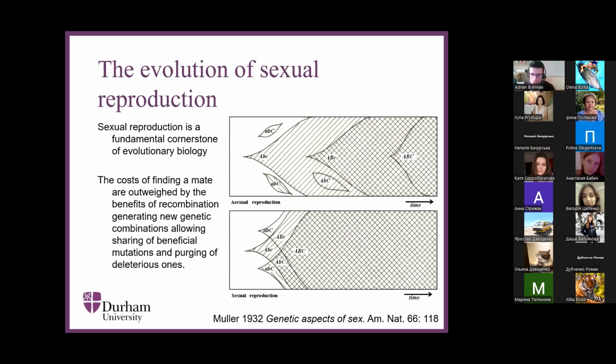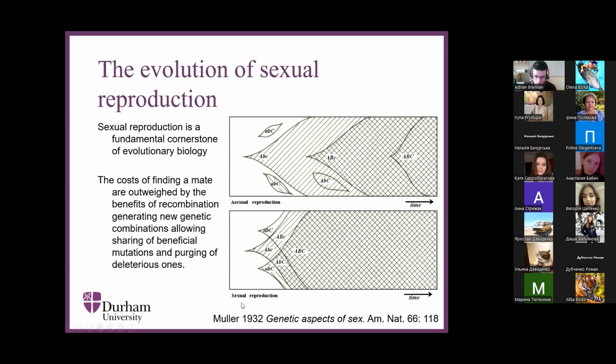So just a little bit of introduction about why outcrossing and mating systems are kind of advantageous in general. These ideas date back really to the pretty early origins of modern biology and the beginning of our understanding of genetics.